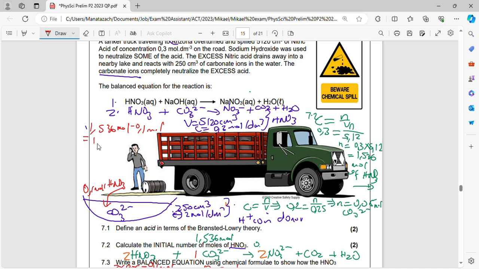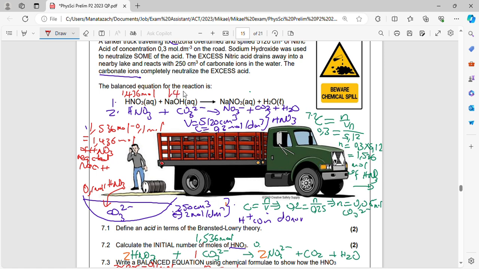So the answer here is going to be 1.436 mole of nitric acid that reacted with the sodium hydroxide. So we can write here the nitric acid was 1.436 mole, and that is how much reacted.